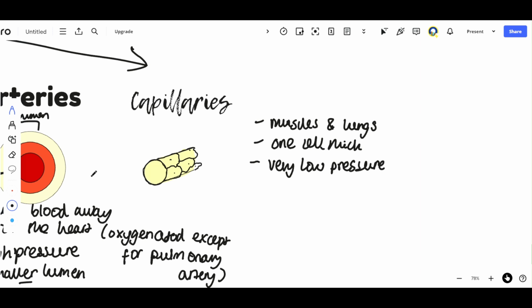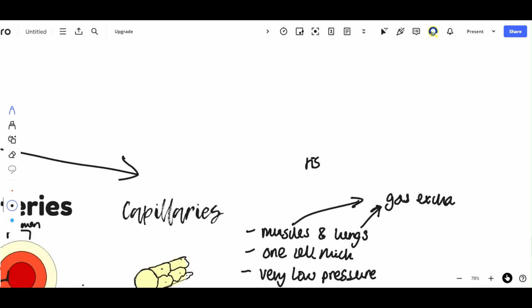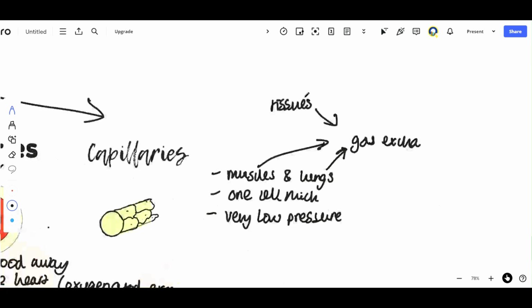This is where gas exchange occurs, like I said, not just in the lungs, but in the tissues of the body as well. Tissues around the body are provided with oxygen, and the blood that flows through also takes back the carbon dioxide waste from the tissues.